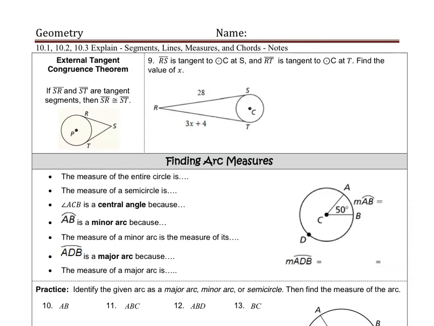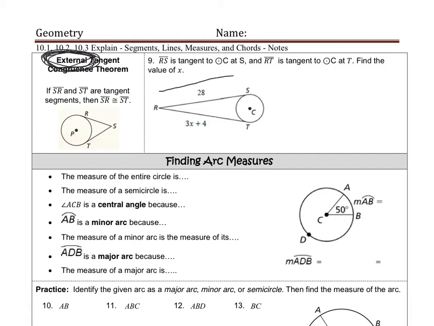All right, the second page. We also did this, so this is a review as well. It was the second theorem that they gave you, the external tangent congruence theorem. What this means is if you have two tangent lines, external means outside, on the edge of the circle. Look at this diagram.